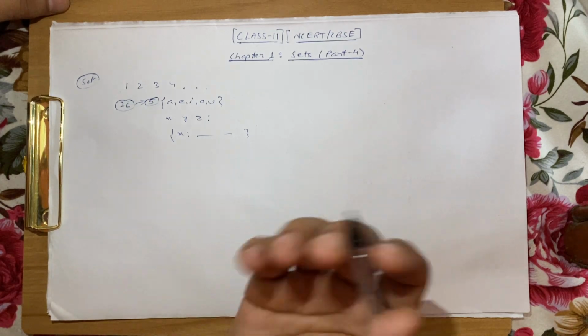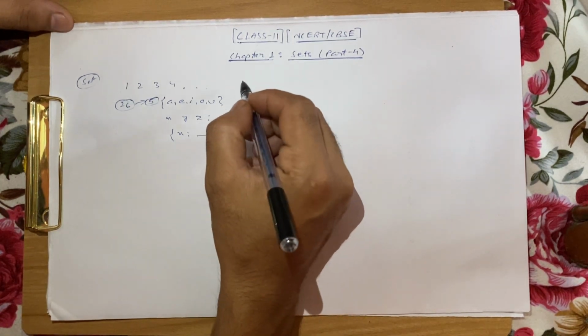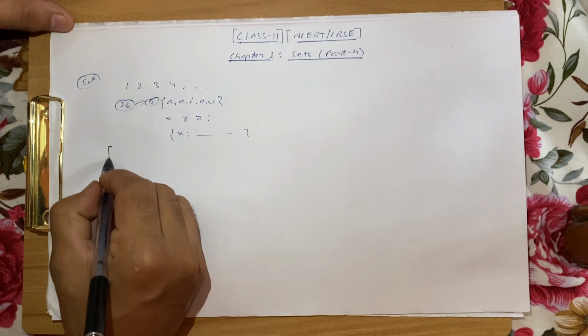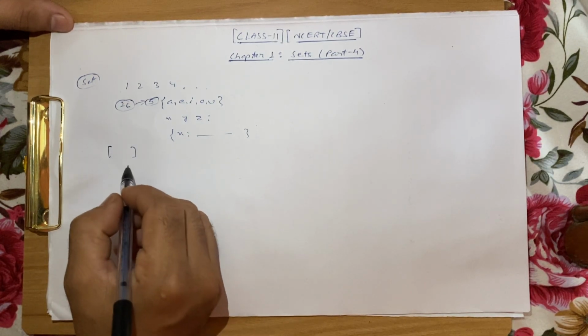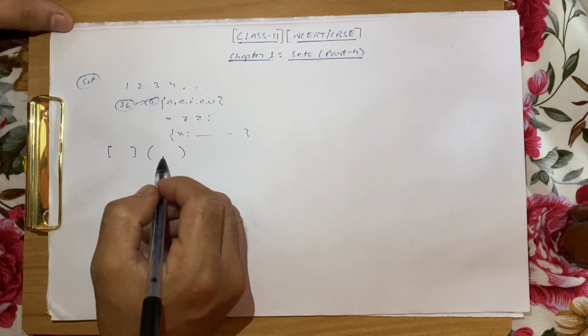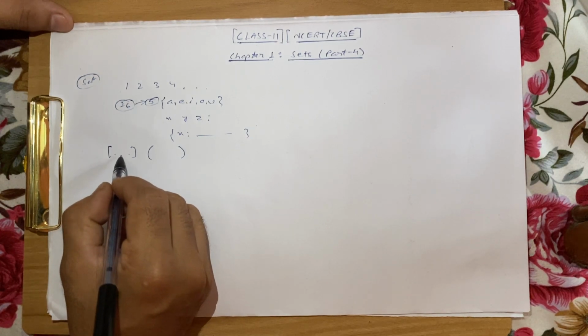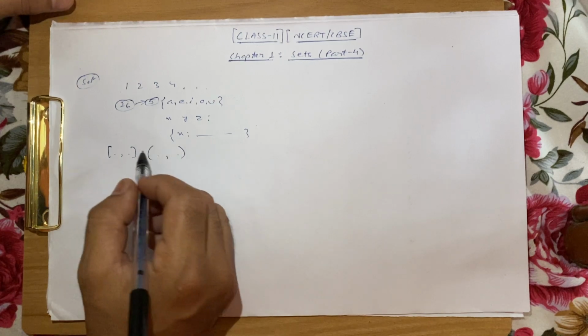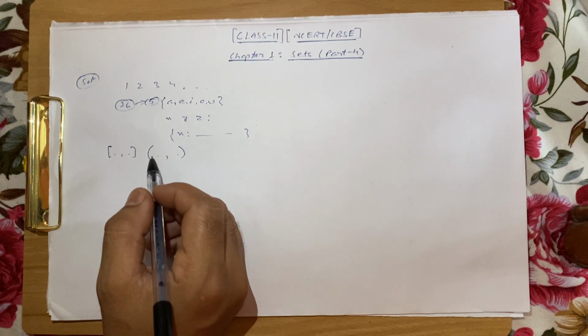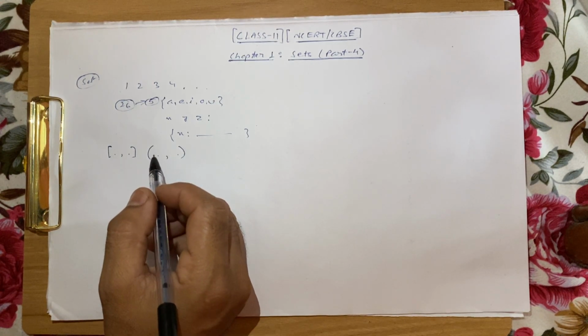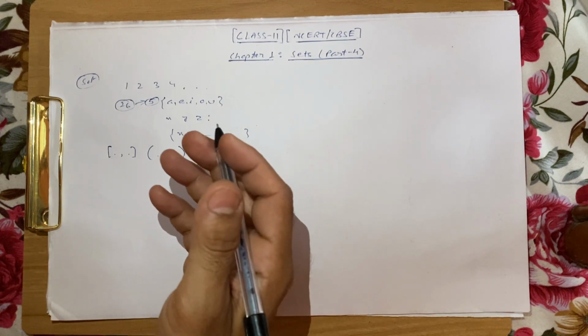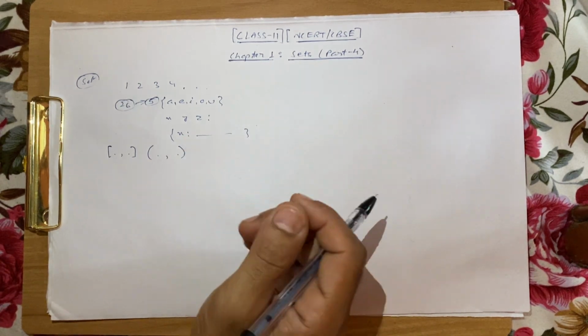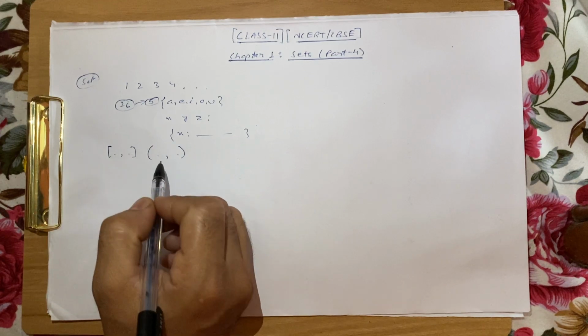Also, we have seen the open interval and the closed interval, right? Like this. This means closed interval, and this means open interval, and there will be 2 points here that will be separated by a comma, right? And this is used only in the case of real numbers, right? And we got to know that since we cannot list out each and every real number, we make use of this kind of brackets.